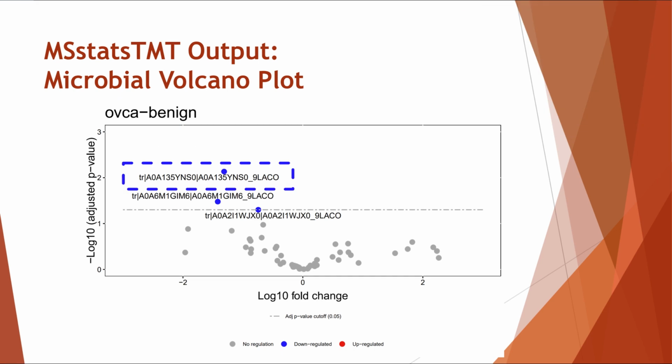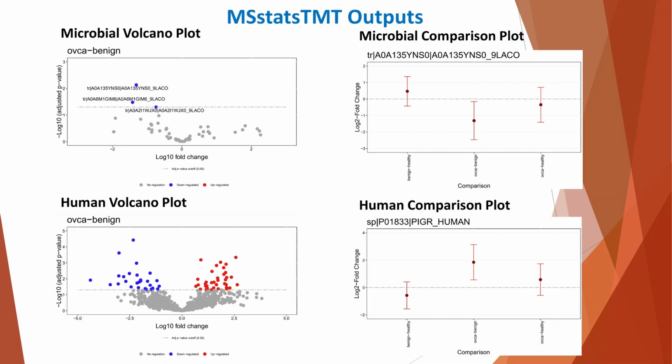Circling back to microbial proteins, the last plot we will discuss is the comparison plot for this microbial protein here. For the comparison plots, instead of comparing multiple proteins as we do with volcano plots, a comparison plot visualizes log 2 fold changes and variation of multiple comparisons for a single protein.